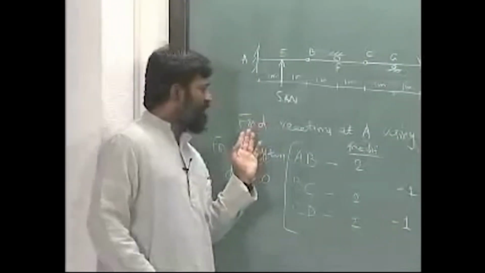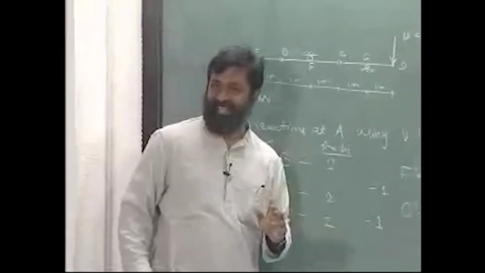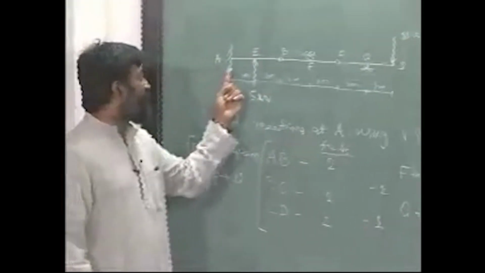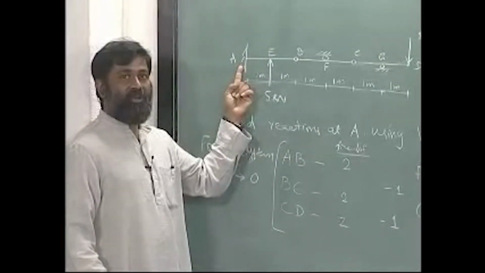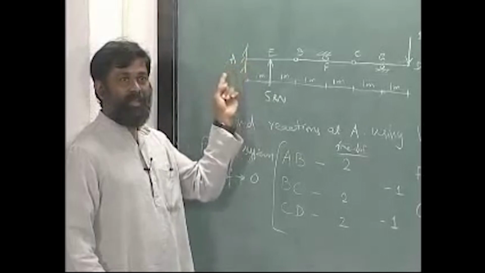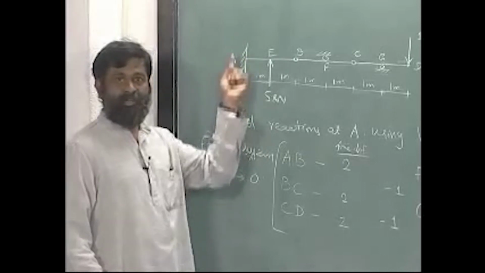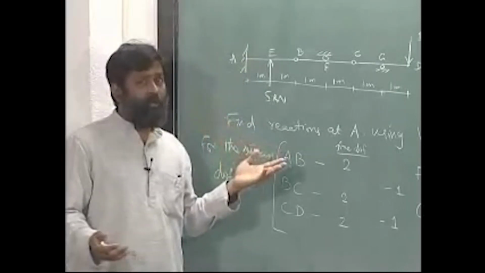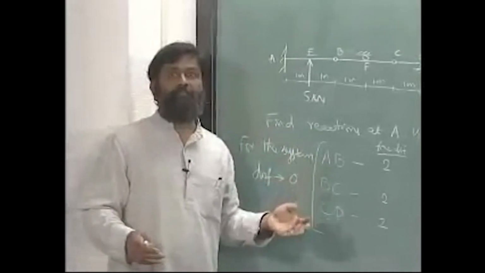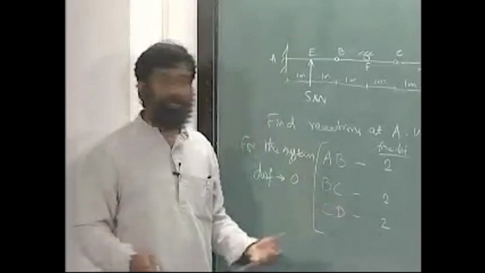Well, what is asked is find the reactions at A, correct, which means what are the reactions here? There is a moment reaction and a vertical reaction, okay. I may probably opt to release one of them and do the problem, okay. So let us do that.